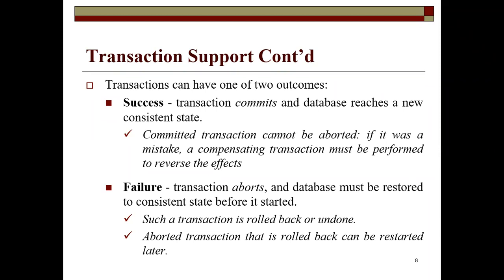The other outcome of executing transactions is failure. And failure is where we abort or we cancel a transaction. That simply means that if there were 6 steps to be performed and you were able to do only 4 of them, then your database is not consistent and the whole logical unit of work hasn't been successfully performed.